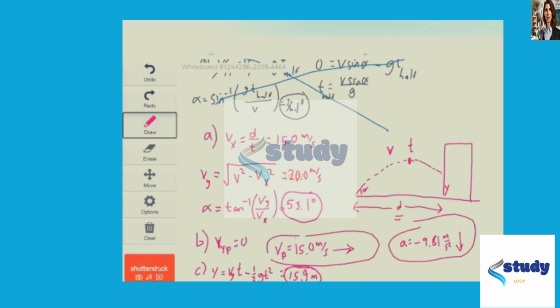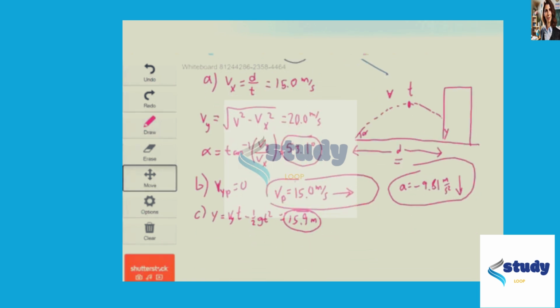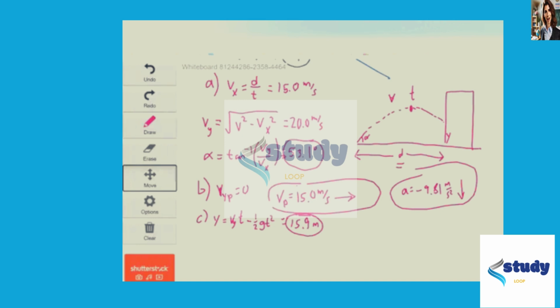Okay, and C. How fast is it moving before it hits the building? Okay, well, we know Vx is always the same. So V sub y at the end, Vye, is going to be V sub y minus gt. So, let's do that.